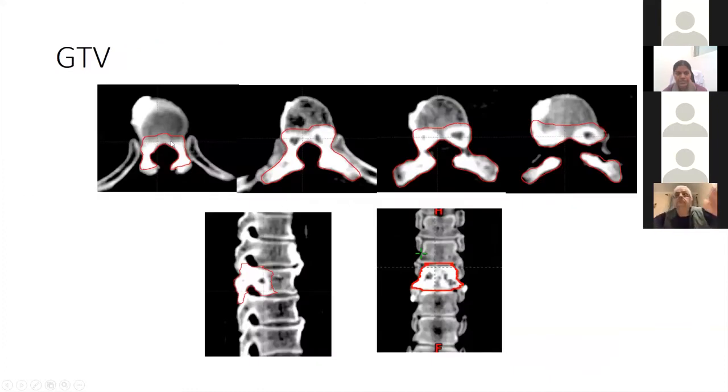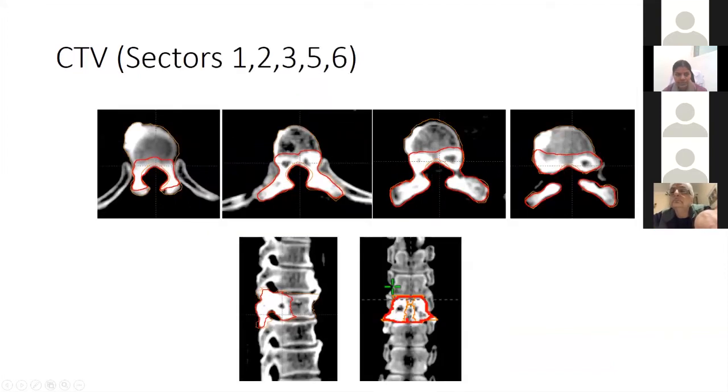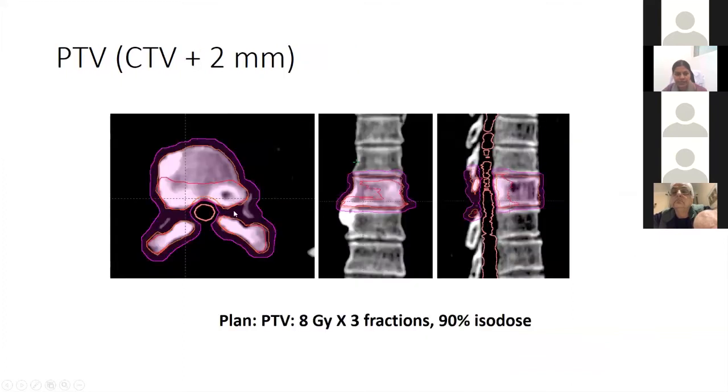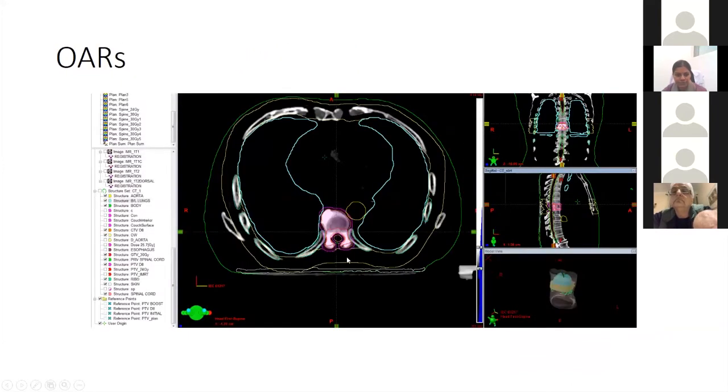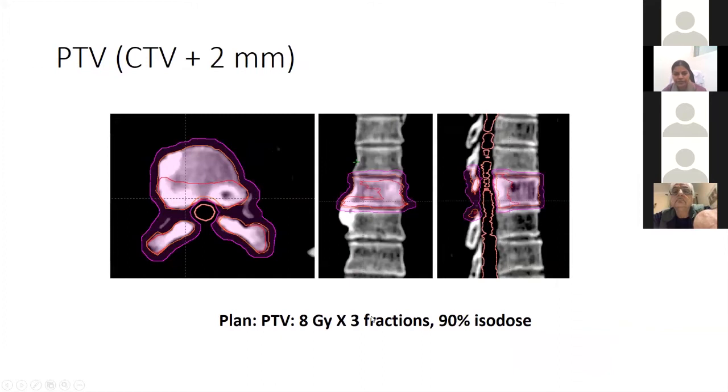So this is the GTV, which is including all the gross disease. This is the CTV, which is including all the 5 sectors. The sector 4 has actually been removed in laminectomy, so that is not part of our CTV. PTV with a 2 millimeter margin. We gave a prescription of 8 gray into 3 fractions.